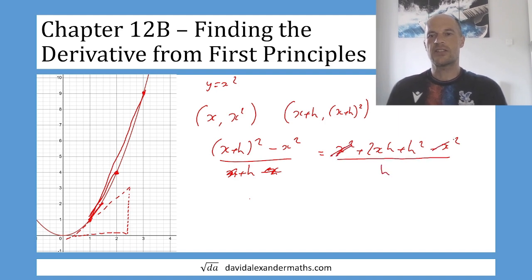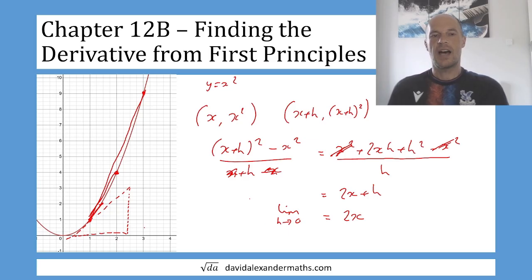These x squareds cancel, and if I divide through by h, then I will get 2x plus h. Now remember, we were saying that h was infinitesimally small, so if h is tending to 0, and this is how we would express it, then the gradient will be simply 2x.